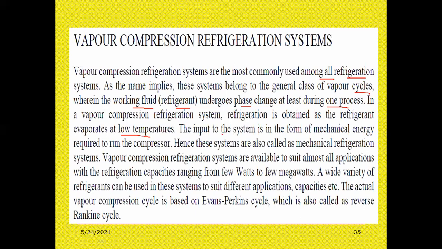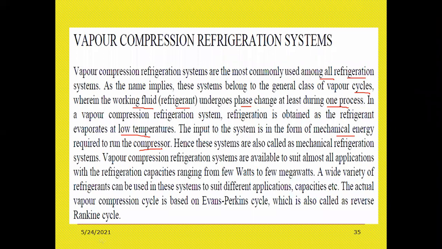Now the input to the system is in the form of mechanical energy. How are we giving the input to this refrigeration system? We are giving it in the form of mechanical energy required to run the compressor. In an AC or a refrigeration system, generally we have a compressor which is placed at the bottom.